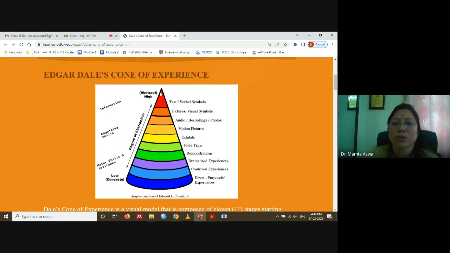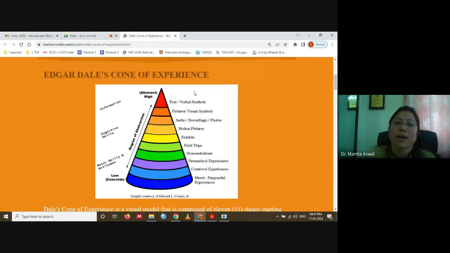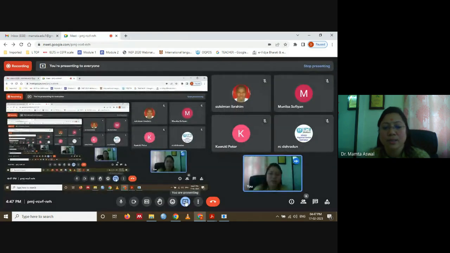And if you go to the top, text and verbal symbols have less space, then pictures, the space increases, then audios, then motion pictures, then exhibitions, then field trips and demonstrations, dramatization, contrived experiences, and direct purposeful experiences. So you can see the degree of abstractness in this. This is at the lower side, this is at the higher side. So you can see that the more the teaching experiences are involved, the more retention you can have in learning.